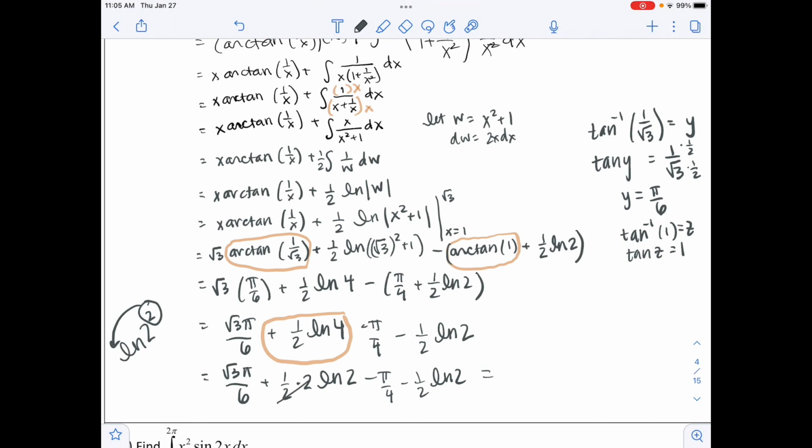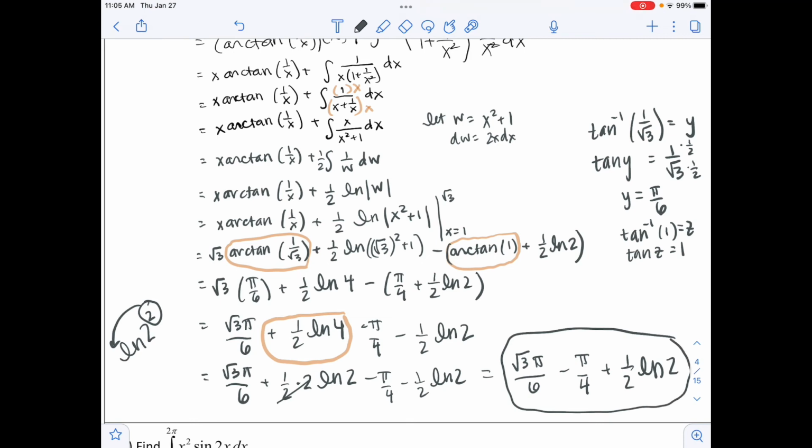And so from here you could then combine those natural logs of 2, and so we would end up with rad 3 pi over 6 minus pi over 4, and then ln of 2 minus 1/2 ln of 2 would be positive 1/2 ln of 2. So go ahead and circle that as my final answer.